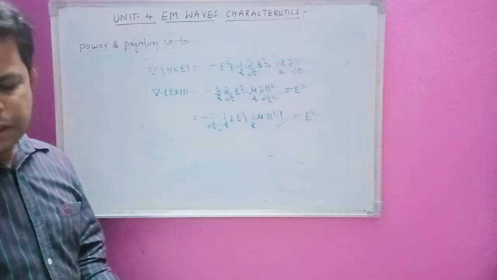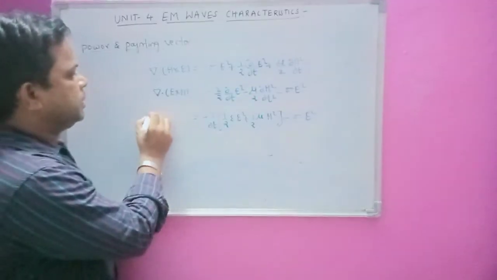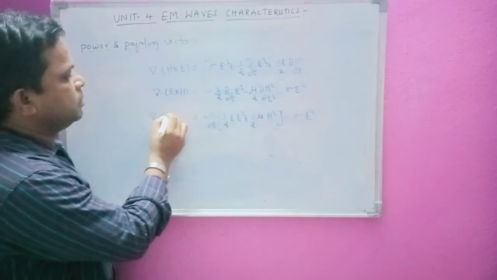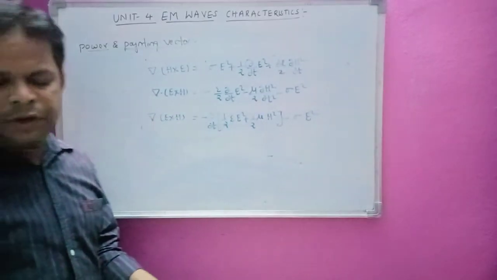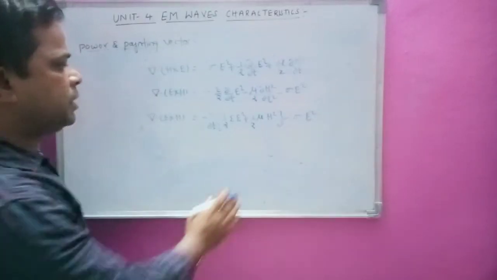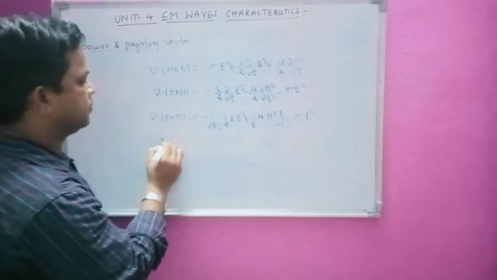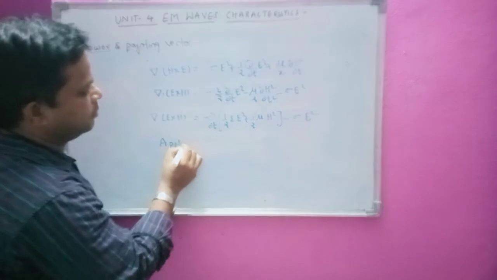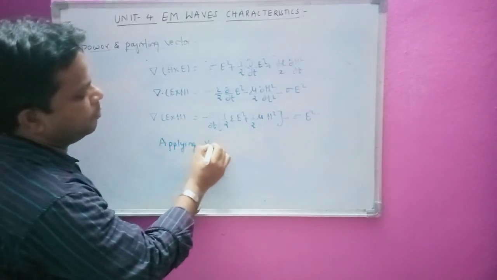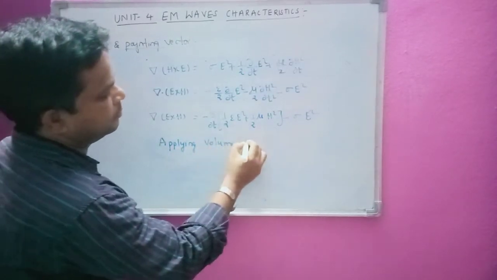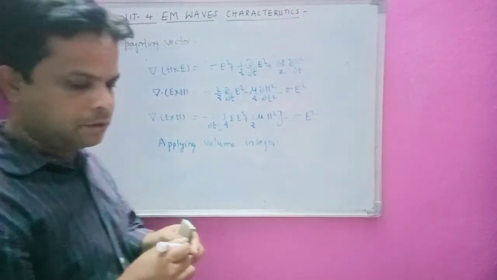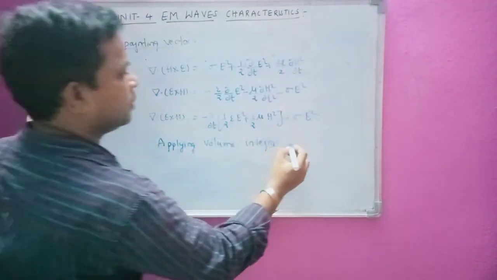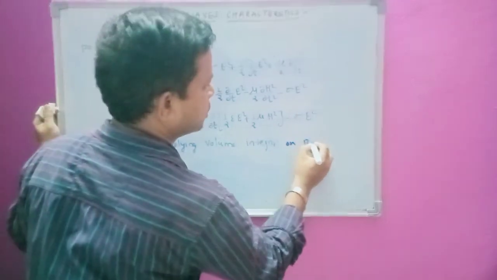Now, for del dot (E cross H), I want to apply the volume integral on both sides of this equation.